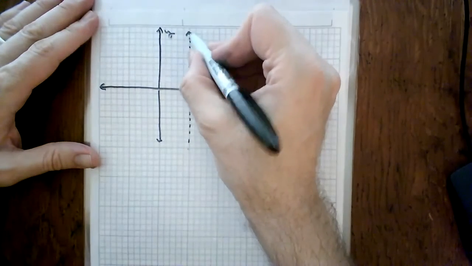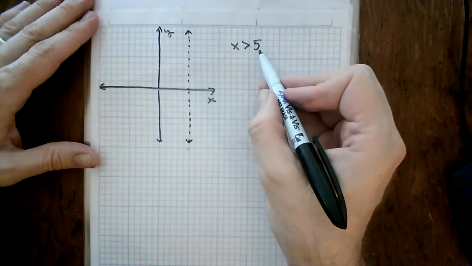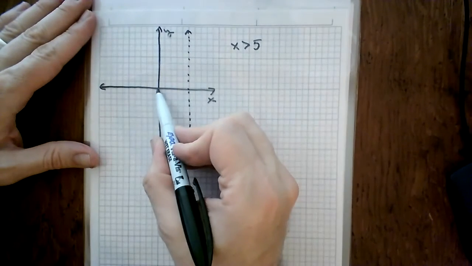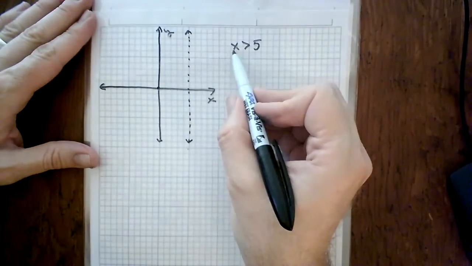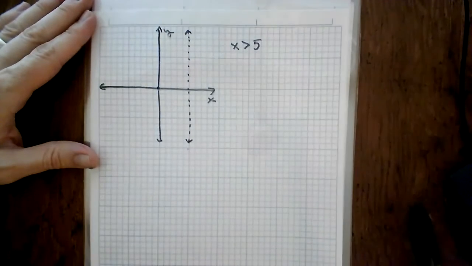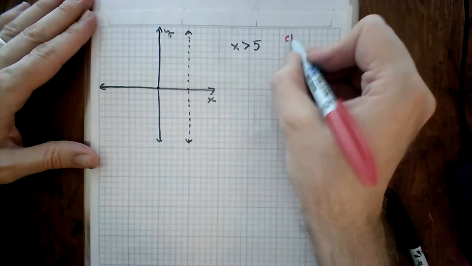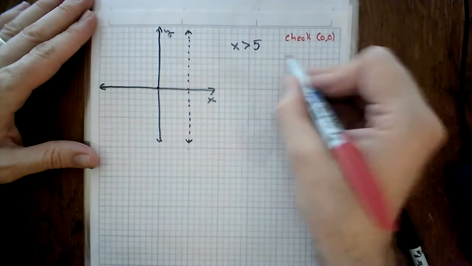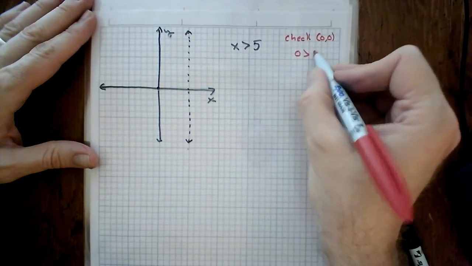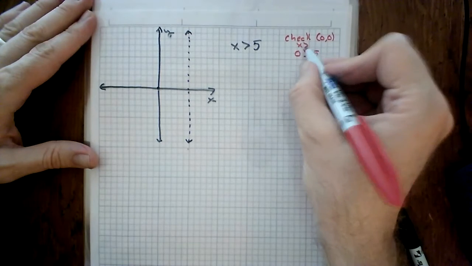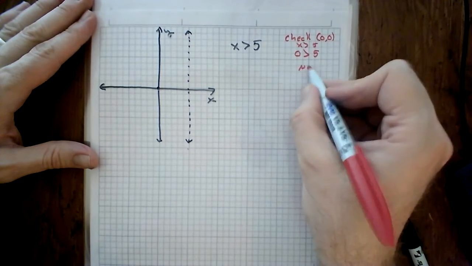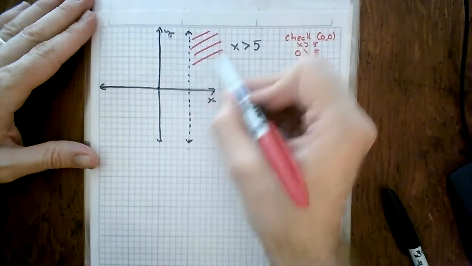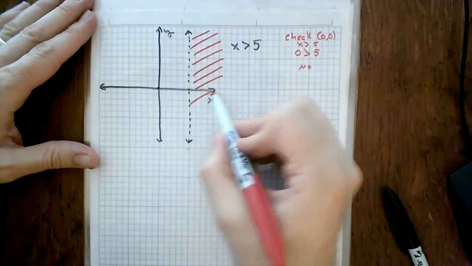And the funny thing here is, if I check the origin, 0, 0, is 0 greater than 5? I've got x greater than 5. No, it's going to be the other side. So I will shade in everything to the right on my graph.